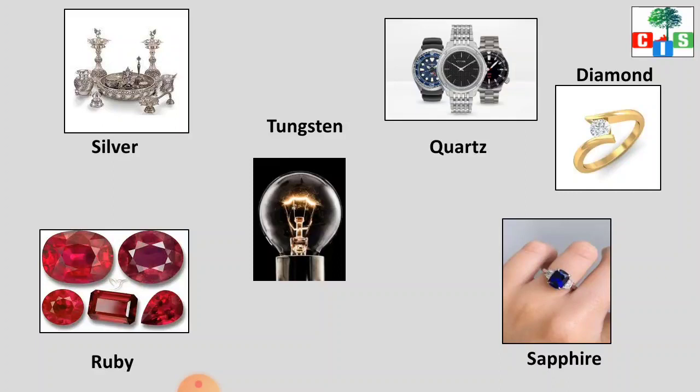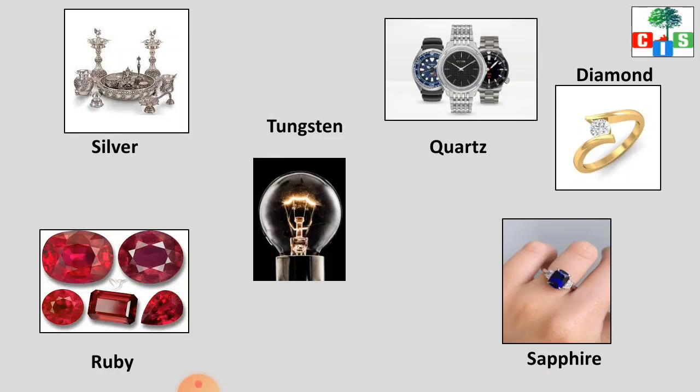The next mineral is the diamond, and we know diamond is the hardest material on the earth. Diamond, ruby, sapphire, these are examples of gemstones, and they are beautifully colored crystals, is it? And they are used to make jewelry. So here, students, are the examples of some minerals.